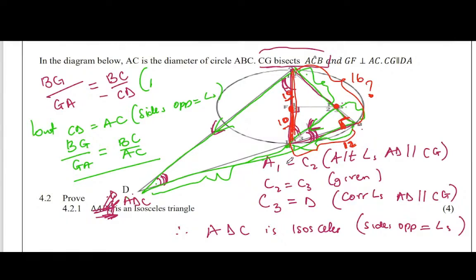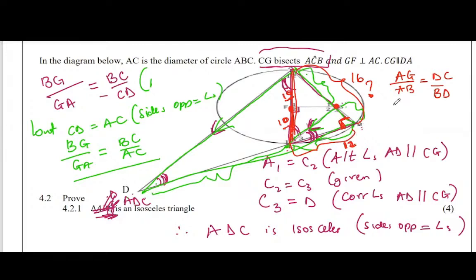So if I have my AG over AB, it should be the same as my DC over BD, from here up to here being the same as that.